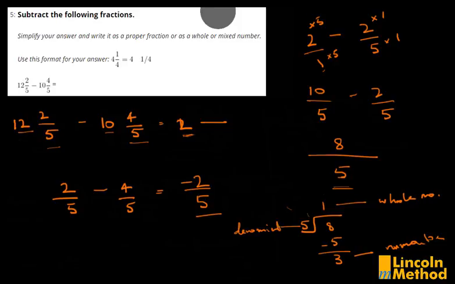And we can now make a mixed fraction. So 2 minus 2 over 5 equals 1 whole 3 over 5. And this is our final answer.